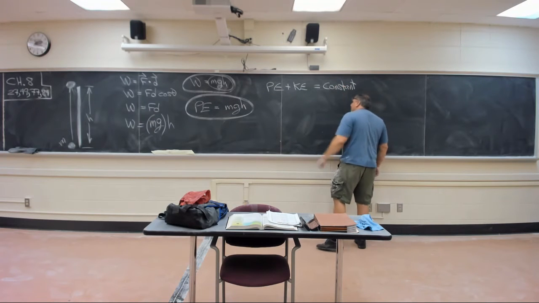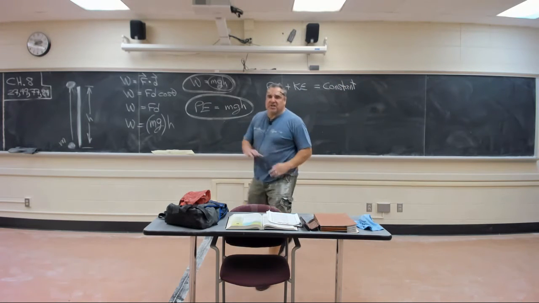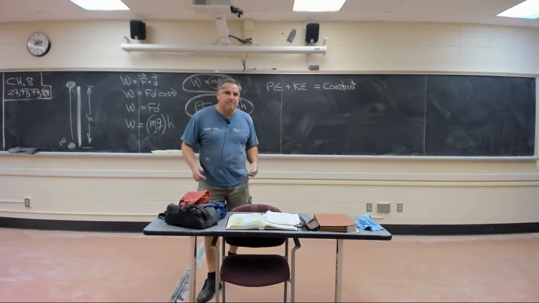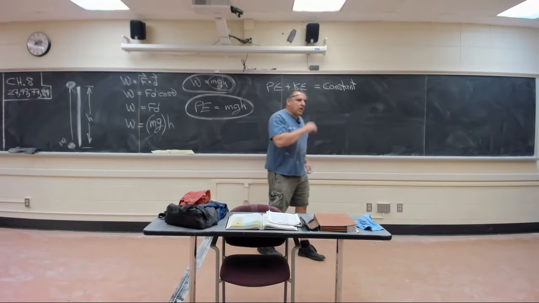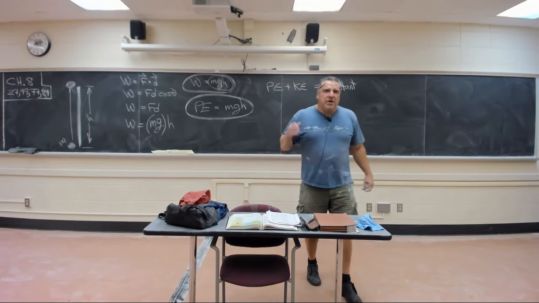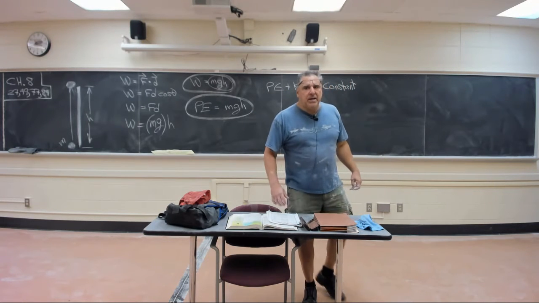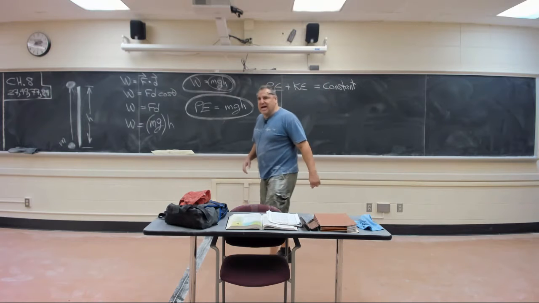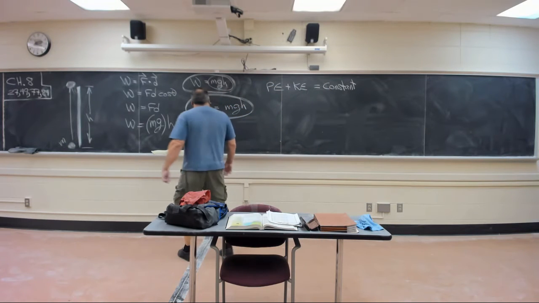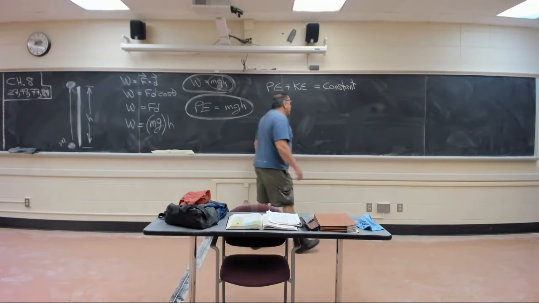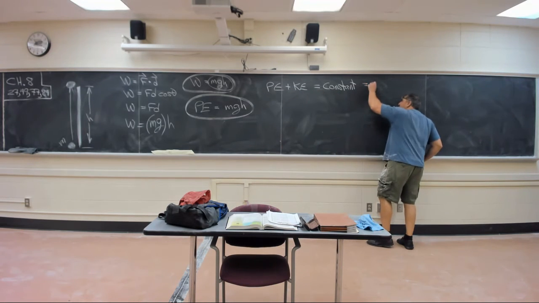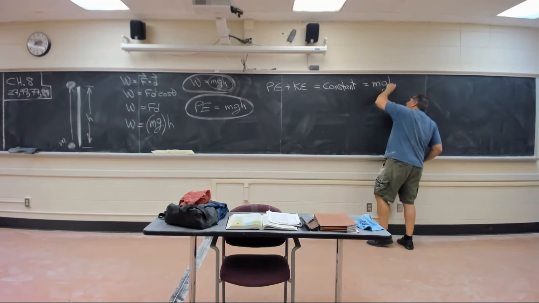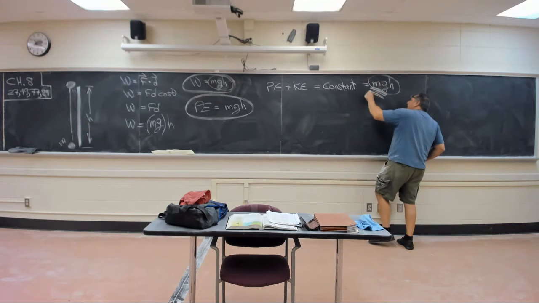Never say never, never say always, a friend of mine said one time. He's right. But for our purposes, in a particular closed system, the kinetic energy and potential energy added together is a constant. What the heck does that mean? And how big's the constant? The constant is mgh. They always add up to mgh.